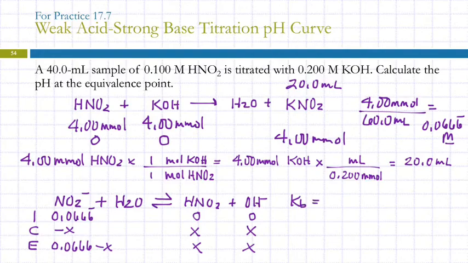Kb equals x squared over 0.06666 minus x. What's Kb? You can give it to us.